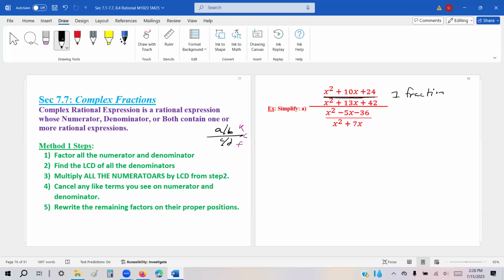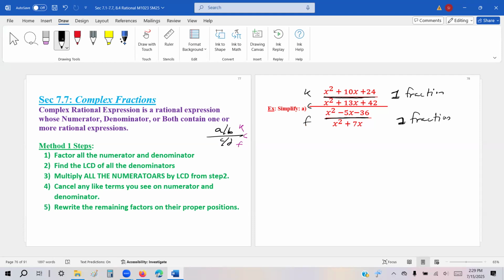So how many fractions you have means how many division signs you have. And how many fractions do you have on the denominator? One fraction. This is not 7, this is 1, okay? So it means one fraction over one fraction, we can use keep change flip.